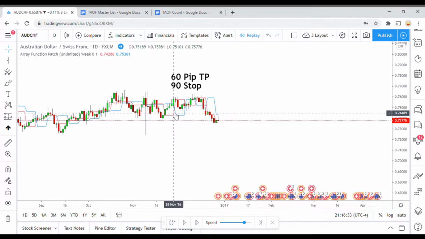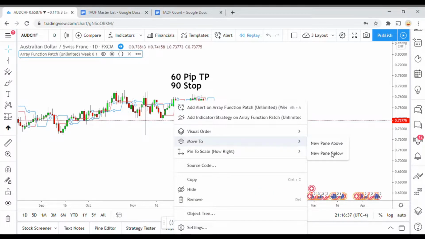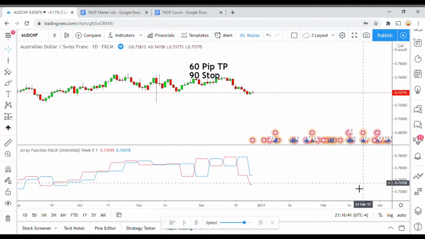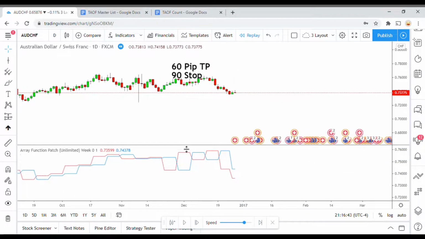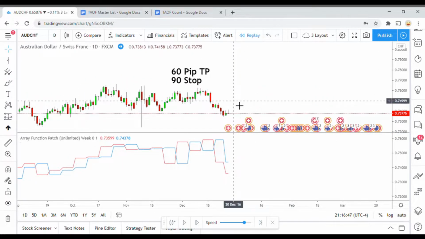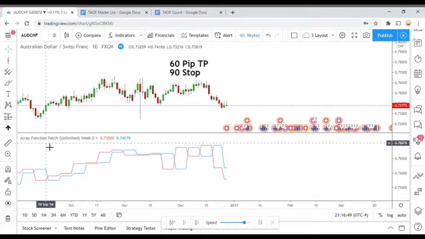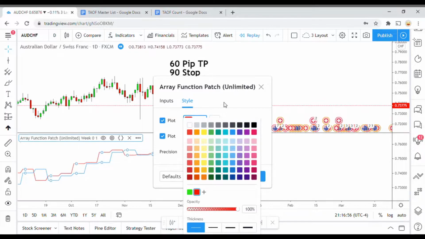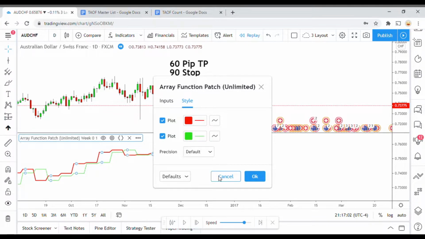So let me see here. Let's do this. There we go. Let's separate out the indicator itself from the price action. And then I'm going to make a few modifications here. I'm going to do that to the red.